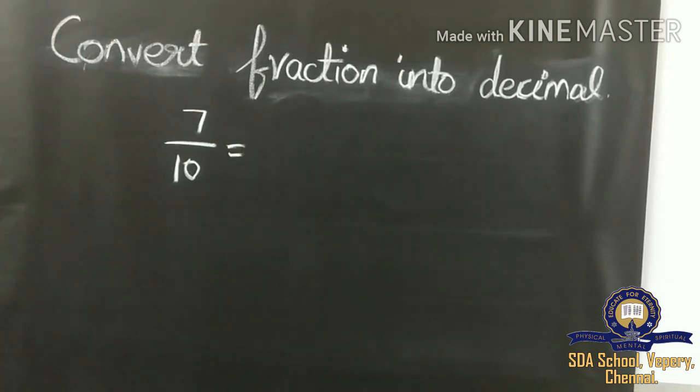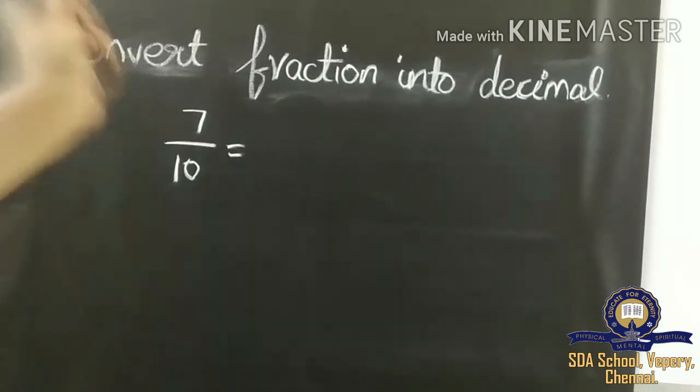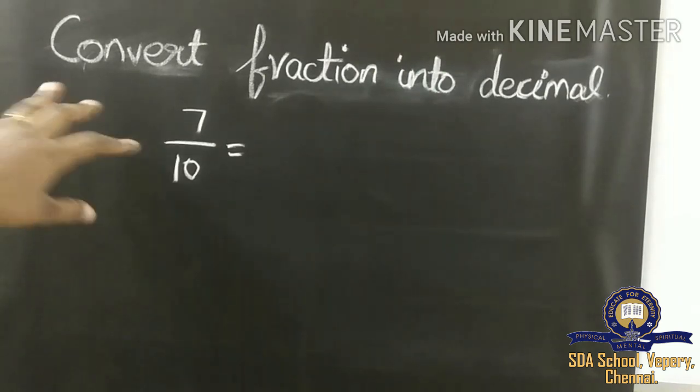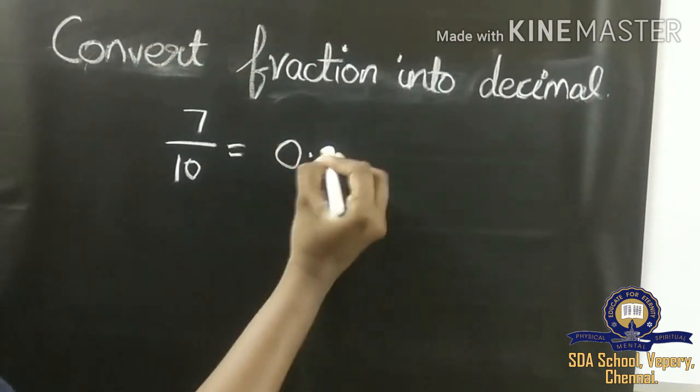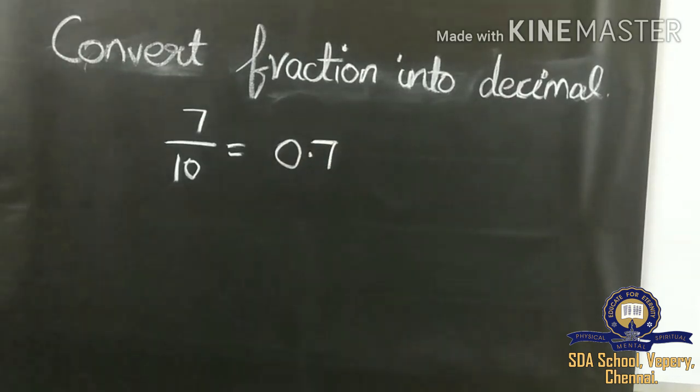Here you have only one number, right? So you should put the point before 1 number: 0.7. If the denominator has two zeros, you should put the point before two numbers. Okay.